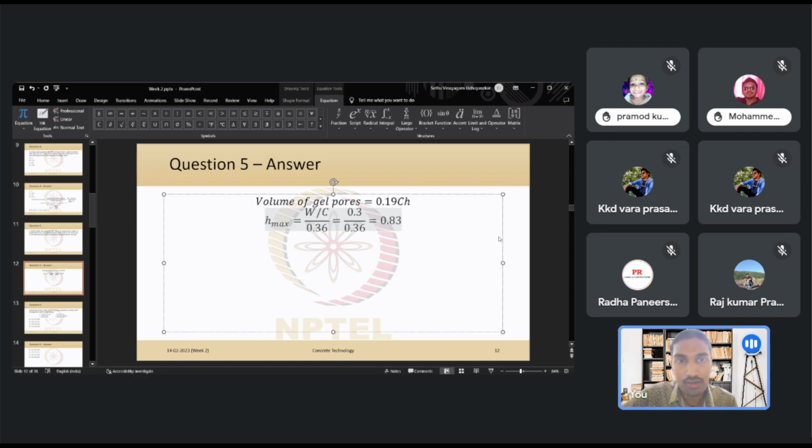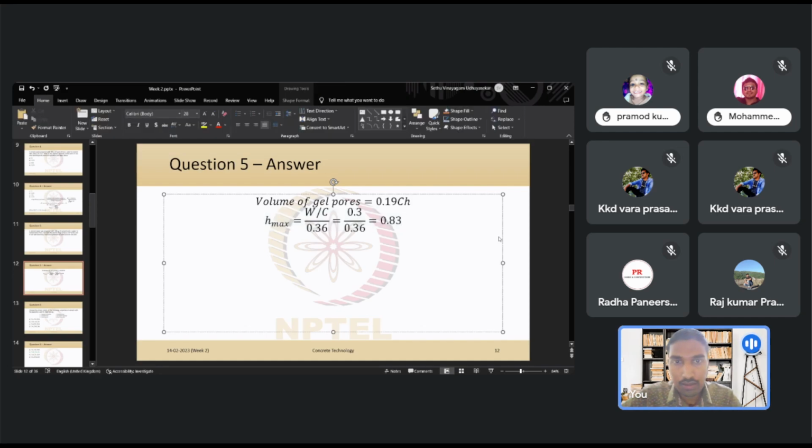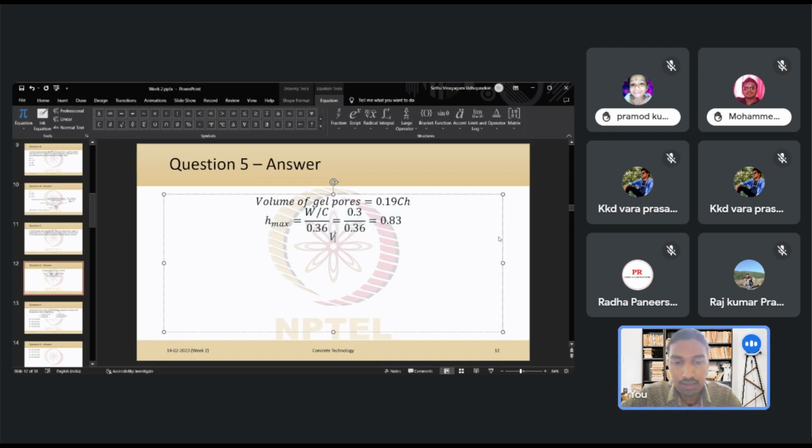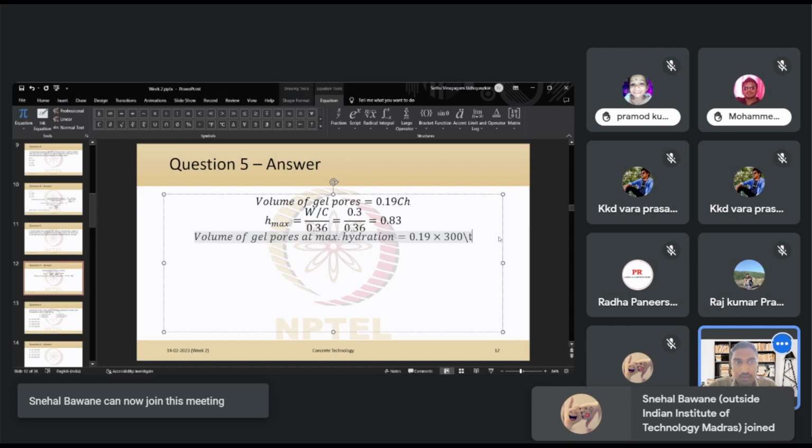So for this particular water to cement ratio, at maximum hydration, the volume of gel pores is nothing but 0.19 times C, which is 300 grams, times the maximum degree of hydration, which is 0.83, right?